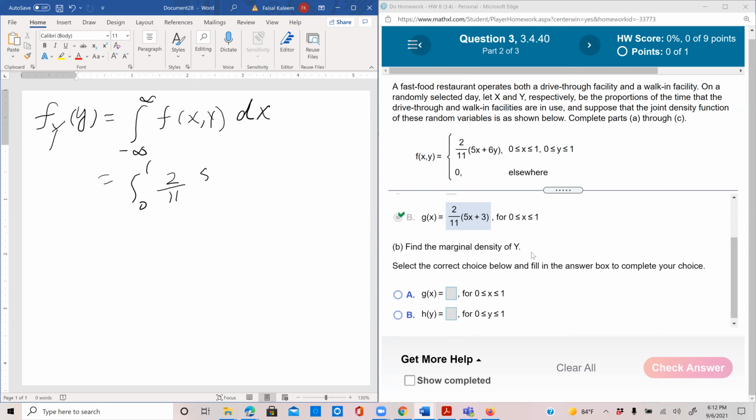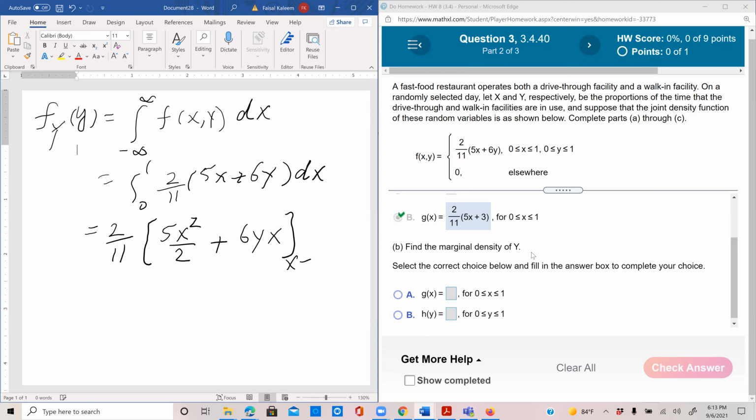2 over 11, 5x plus 6y dx. So you'll pull the 2 over 11 out. And now the integral of 5x would be 5x squared by 2, because x is the variable of integration. And the 6y is a constant, so the integral of 6y is just 6yx.